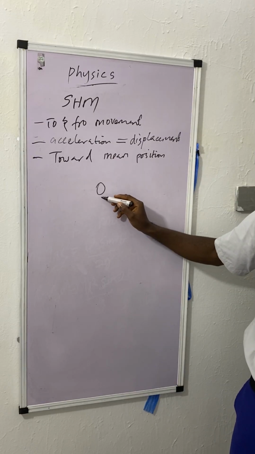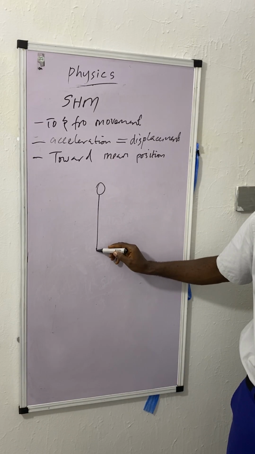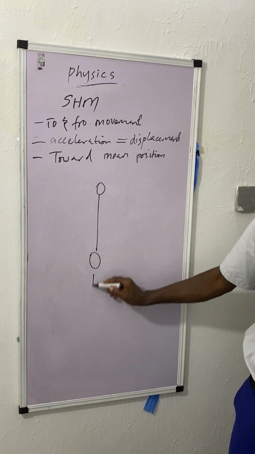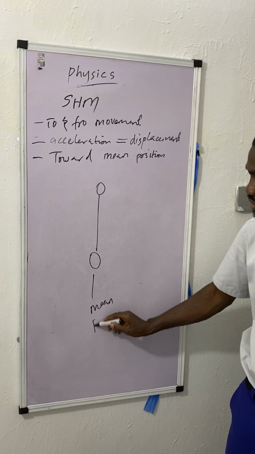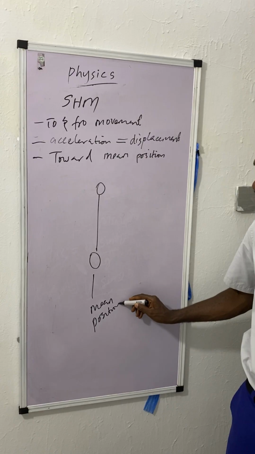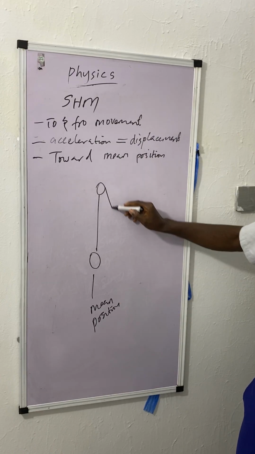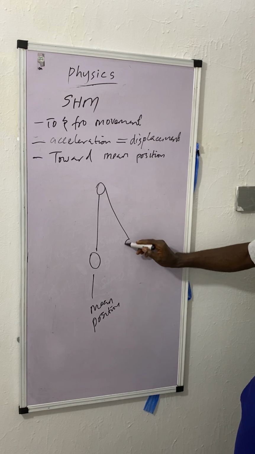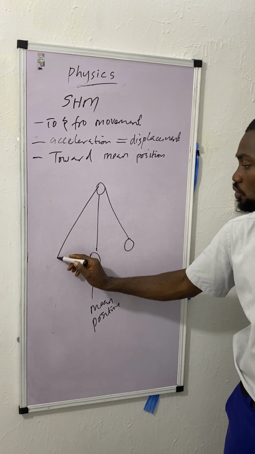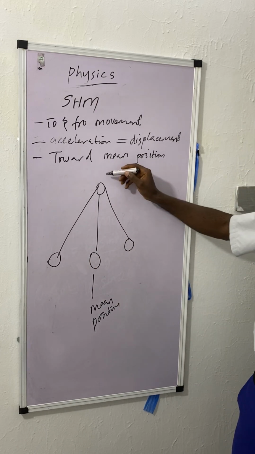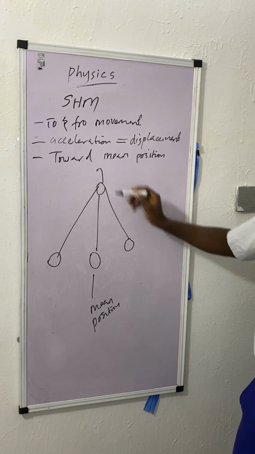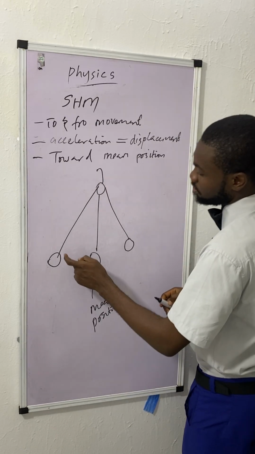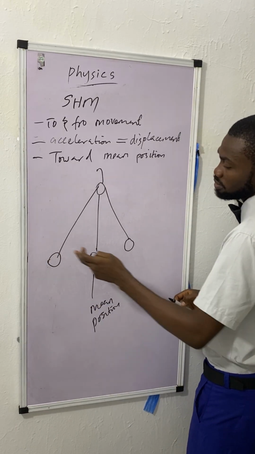Let's say this is a pendulum, for example. Here, at the middle, is known as the mean position. I already explained the mean position before, but I will explain it again. Let's say the pendulum is oscillating from right to left, from right to left.